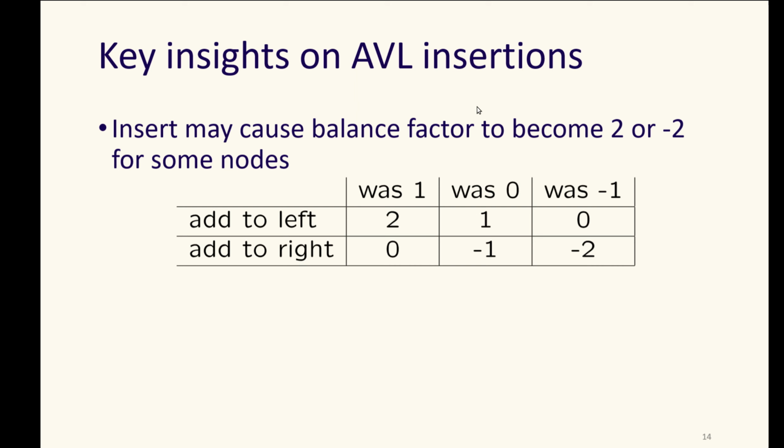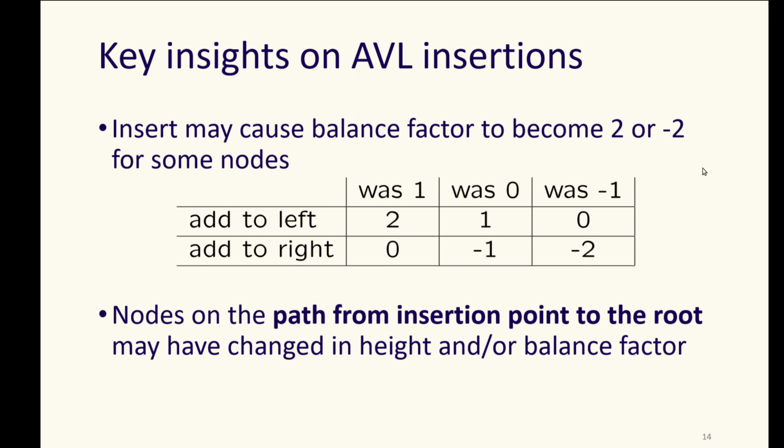So, as we saw, the insert may cause the balance factor to become 2 or -2 for some nodes. If we add to the left, then if it was 1, it could become 2, and so on throughout this. So we don't want those balance factors of anything greater than 1 or less than -1.